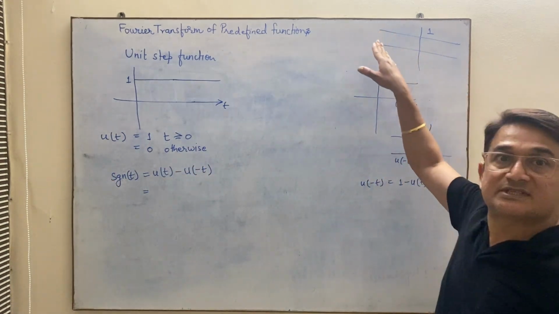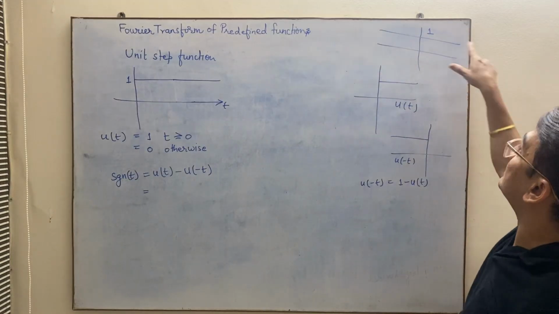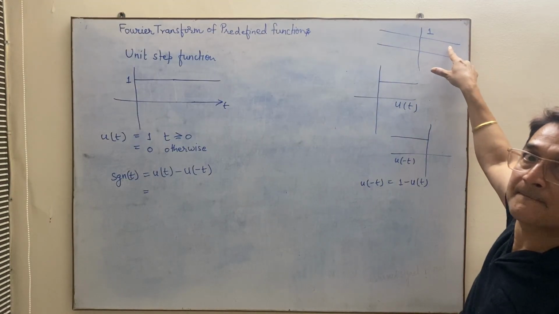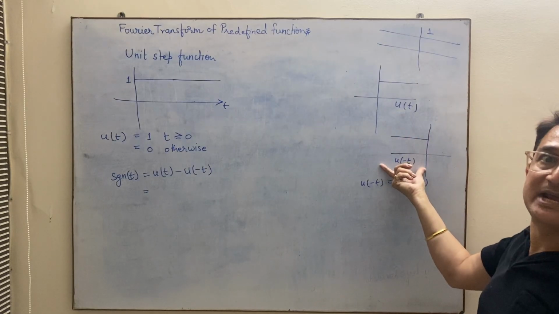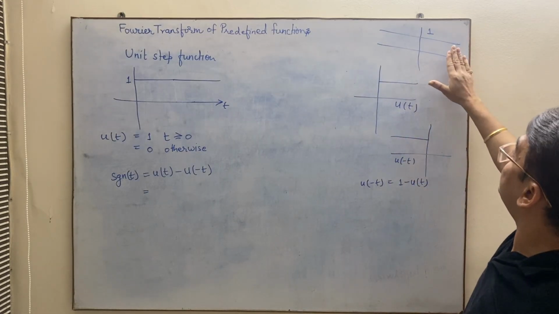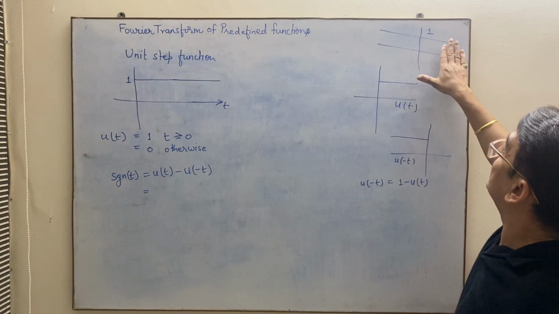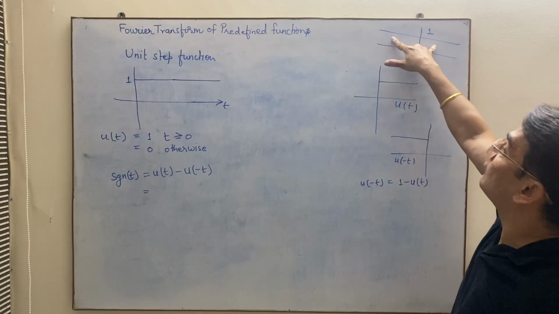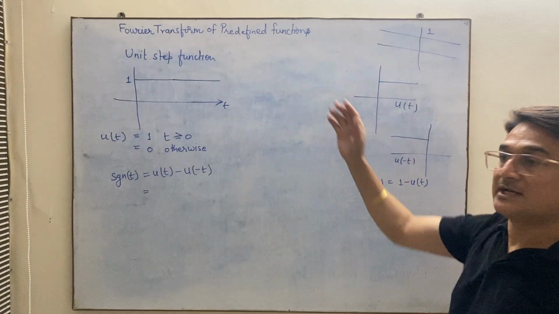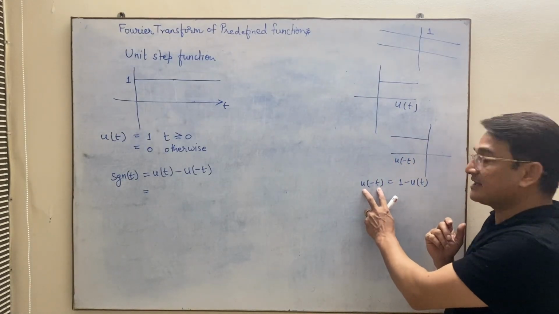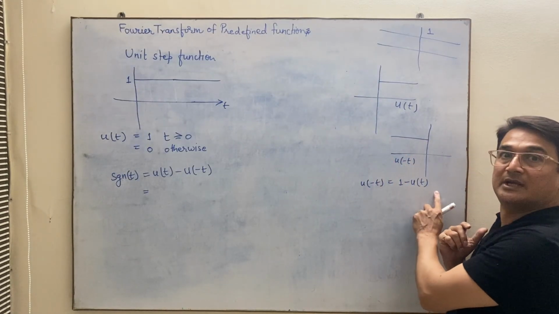Now see these graphs. This is a constant 1, this is u(t), the unit step function, and this is u(minus t). If I subtract u(t) from 1, I will get u(minus t). So u(minus t) is nothing but 1 minus u(t).